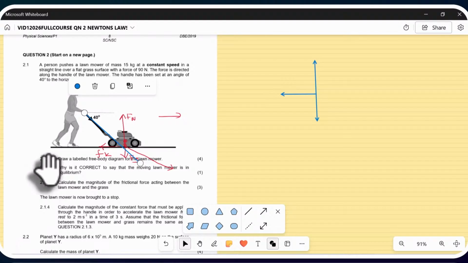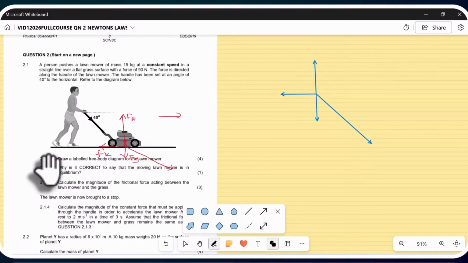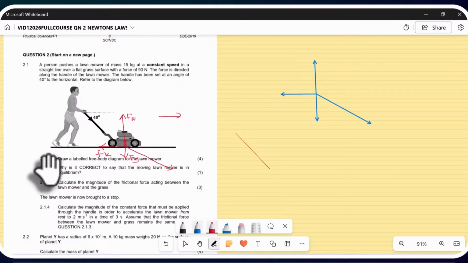The free body diagram. Hope we are together. That is how we draw it. So we say here, this is our free body, okay? This is our normal force, because the surface exerts a normal force on the lawnmower, and then it has weight Fg.